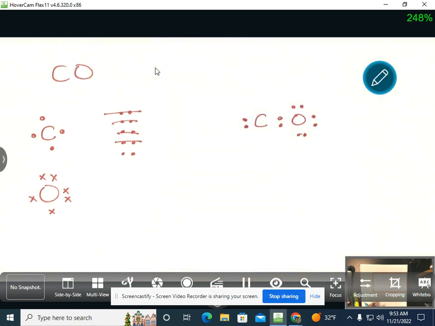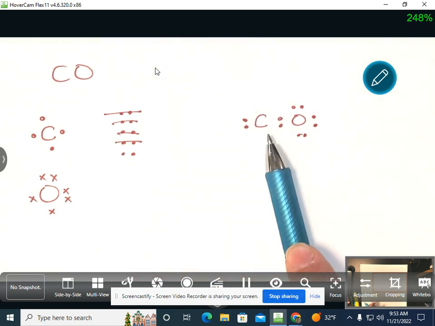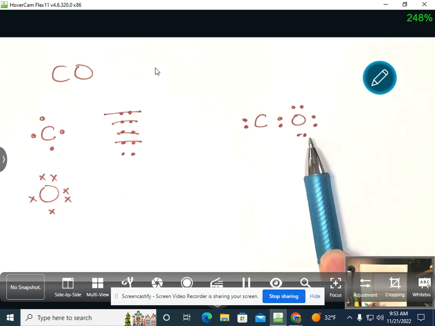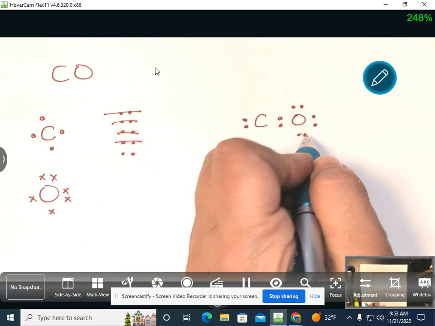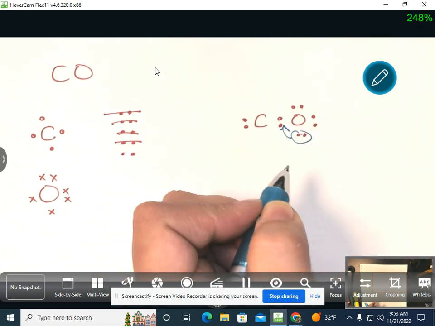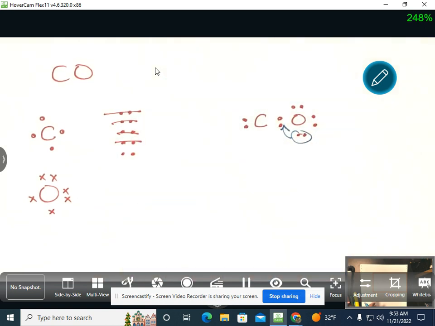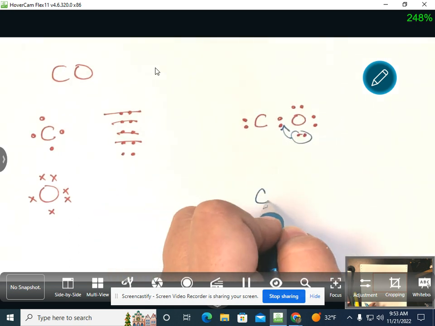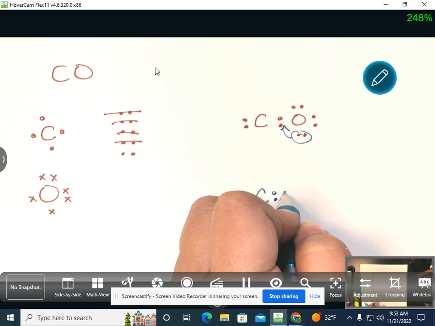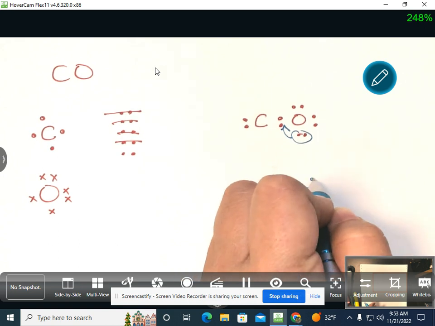Now when you check for happiness, is carbon happy? No. Oxygen is. So oxygen says, all right, I'm going to shift my electrons into the middle so we both can use them. Right? So first set gets shifted, and it looks like this.